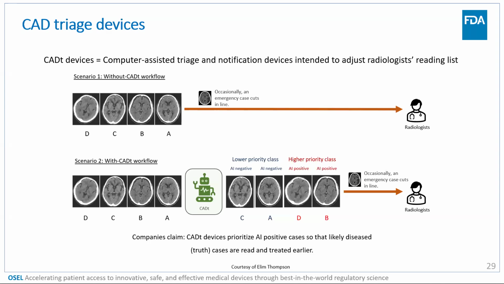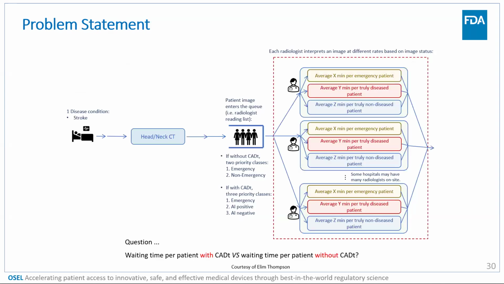Companies often claim CAD-T devices prioritize AI-positive cases so that likely diseased cases are read and treated earlier. My mentor this year, Aleem Thompson, worked on this big project when she was an ORISE fellow. The first problem she worked on was looking at CAD-T with one disease condition.